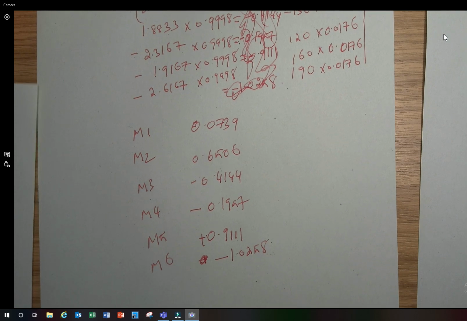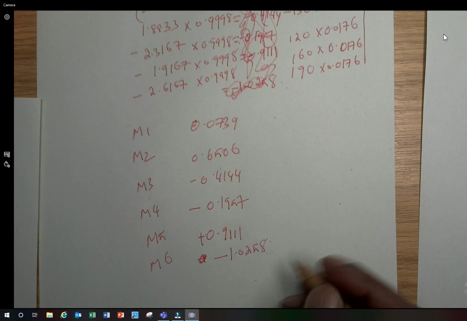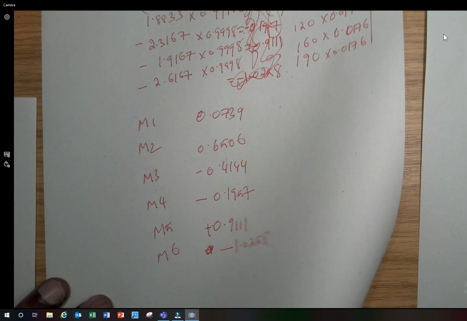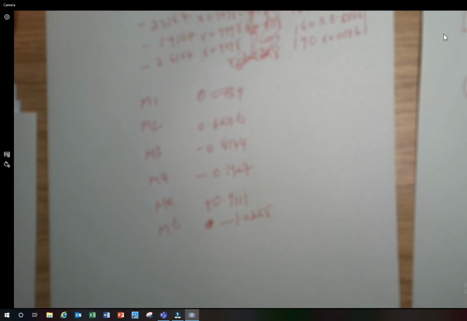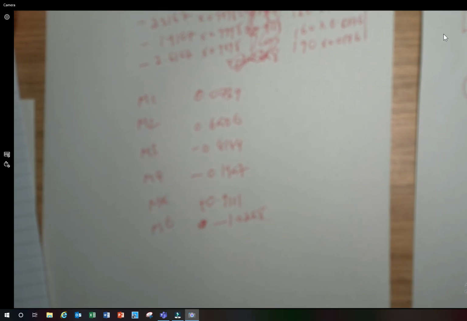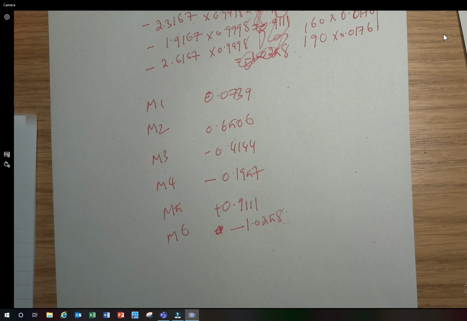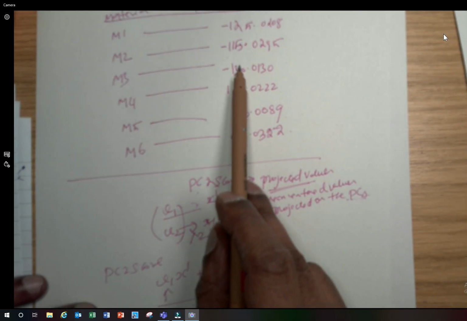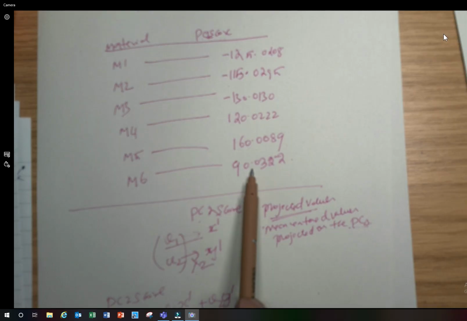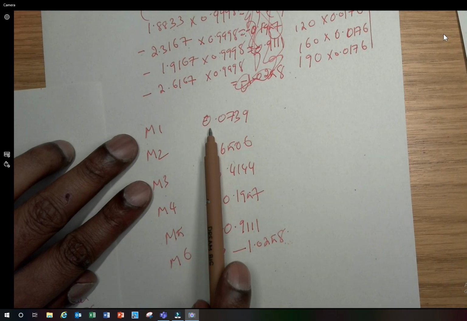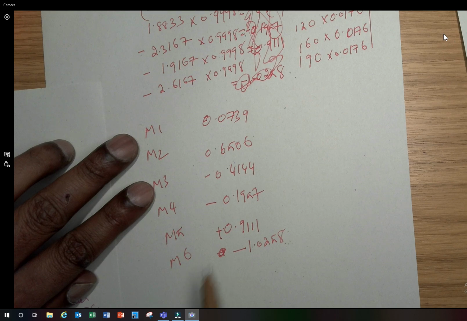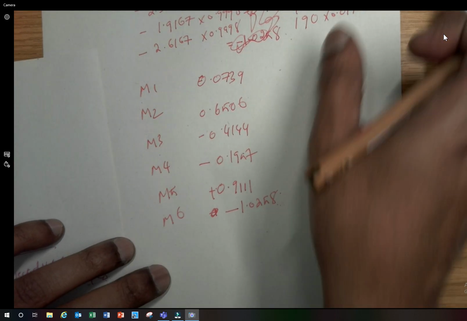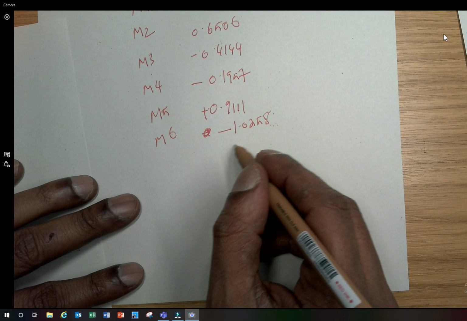PC2 is something I showed you before already. So we can even draw these values. We already calculated our PC score, isn't it?